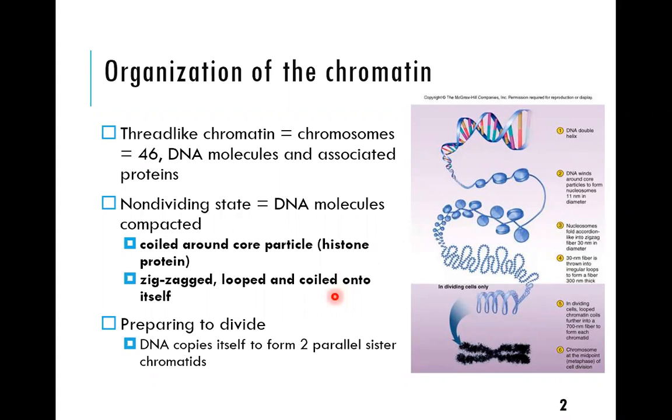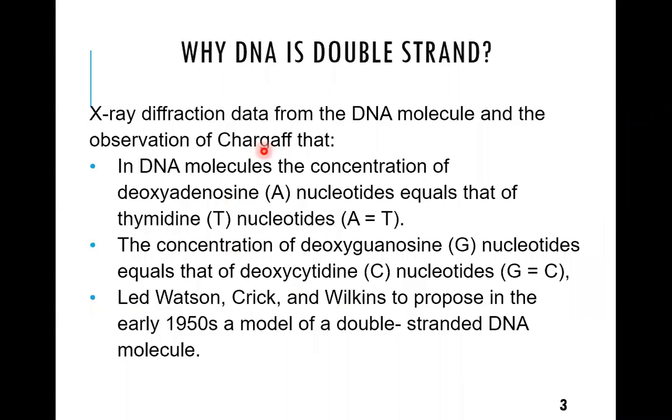Why is DNA double stranded? The X-ray diffraction data analysis shows DNA as a double strand, along with the observation of Chargaff that in DNA molecules, the concentration of deoxyadenosine A nucleotide equals that of thymidine nucleotide, A equals thymidine.